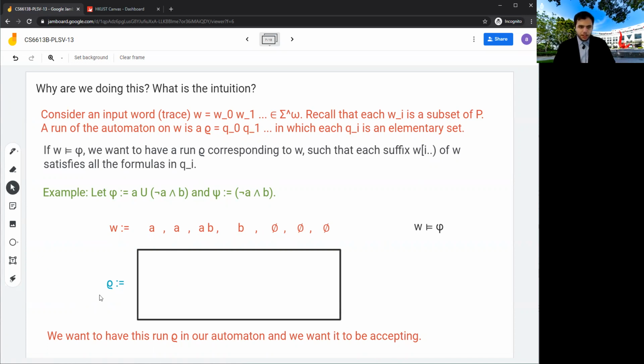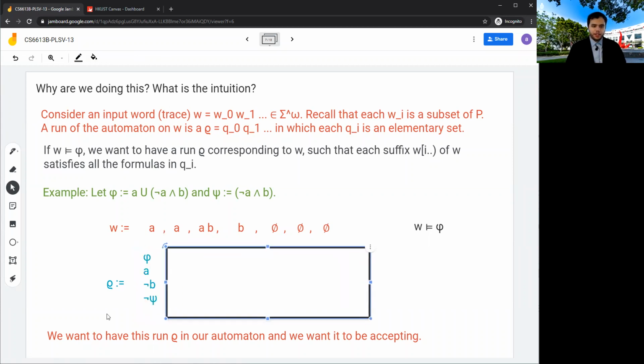Now, what do I want to do? I want to basically have a run. And so at the first letter, I want to be at a state where basically I have these formulas. So I want the first state of my run to be the set of all formulas that are satisfied by the whole word, right? So this whole word, if you look at it, it satisfies phi, it satisfies A because it starts with A. It does not satisfy B because it doesn't have B in its first letter, so it satisfies not B. And it doesn't satisfy this subformula either.